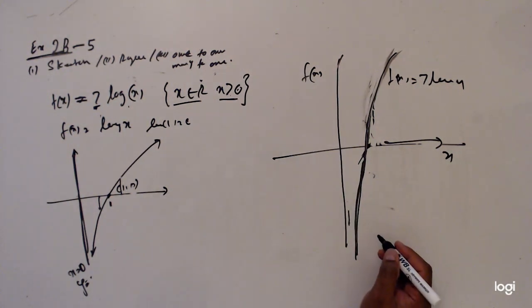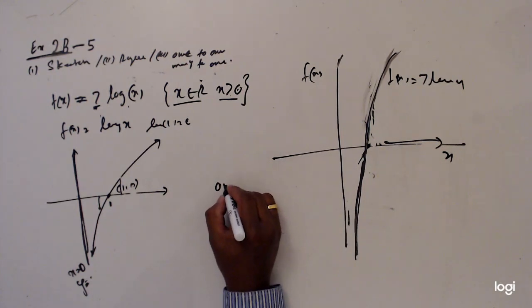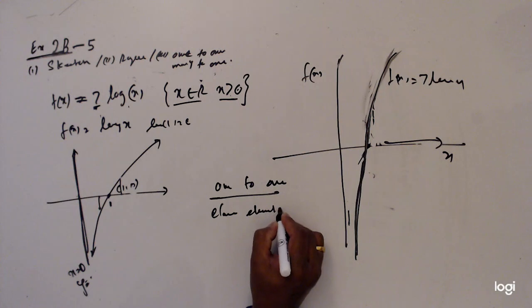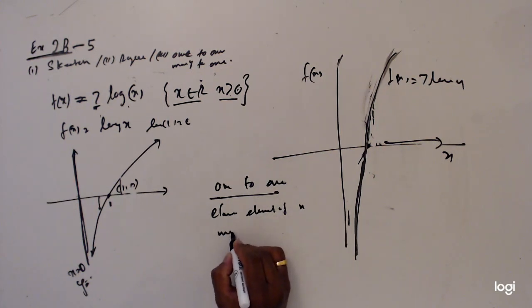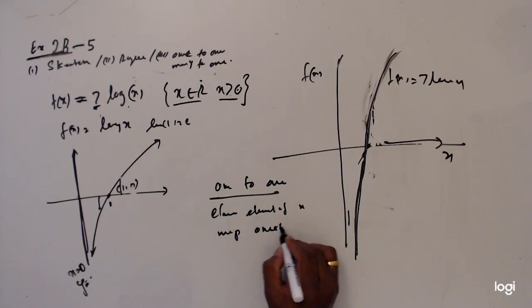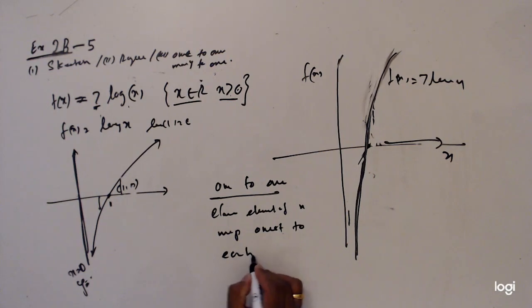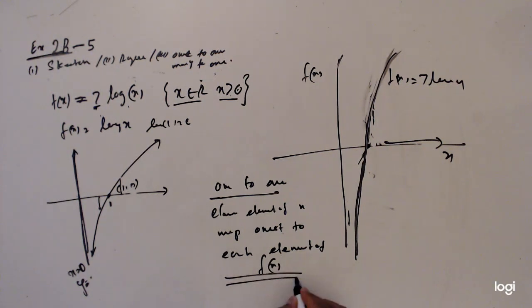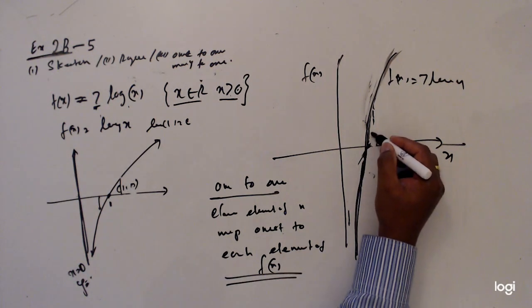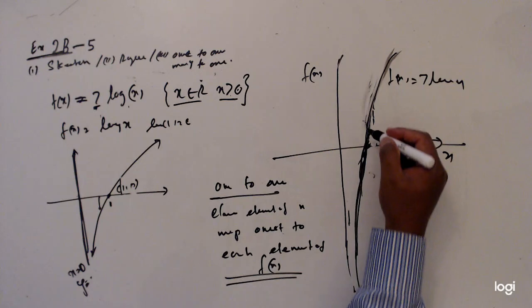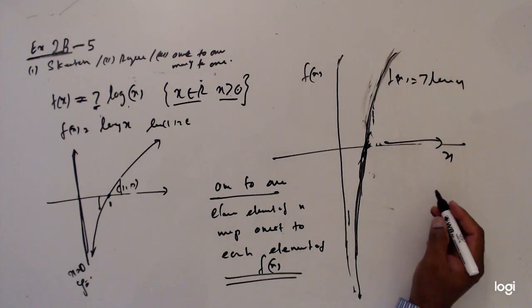So it is clear that this is going to be 1 to 1. Then we have to write that each element of x maps once to each element of f(x), and then the range is going to be, this will go down to minus infinity, and this will go up to positive infinity.